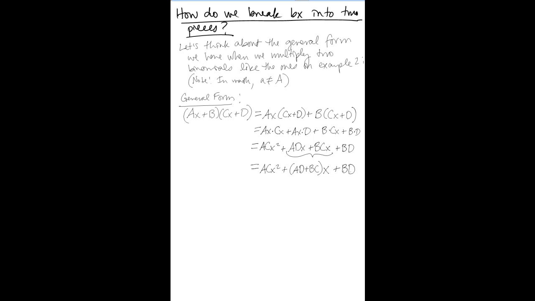So the idea is, if we're presented with a polynomial that looks like this, we need to figure out, this is our b here, our lowercase b. We need to figure out how to break our lowercase b into these two parts, the AD part and the BC part. How on earth can we figure that out? Well, in order to be able to figure out what the pattern is, I'm going to point out something.